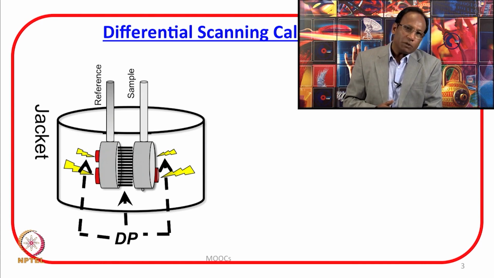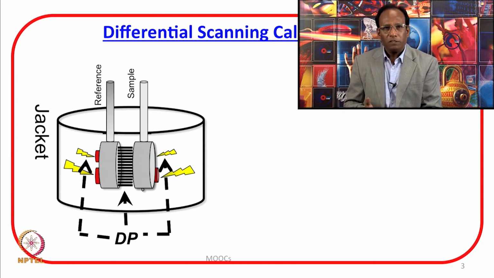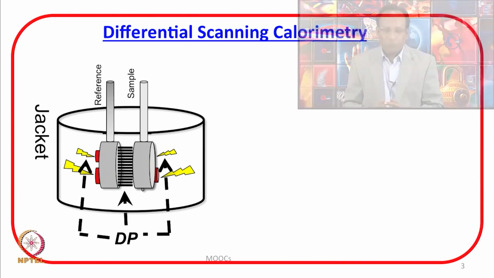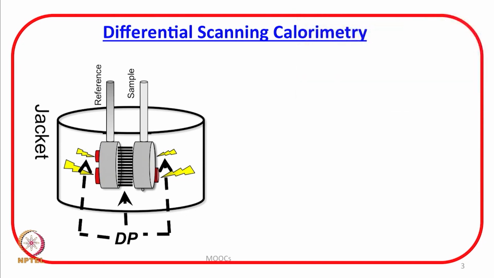The difference between the different types of differential scanning calorimeters will be the cell design. Even though I am discussing differential scanning calorimetry specifically for biologically important systems, the principle remains the same. What is the principle? Let us discuss.